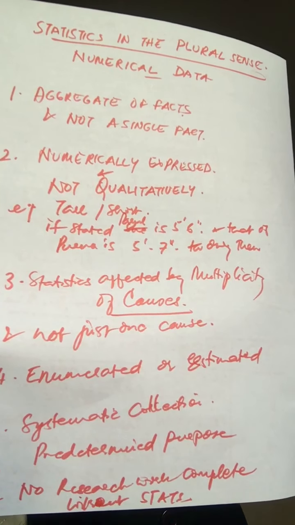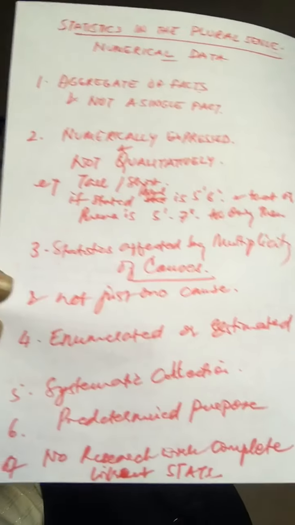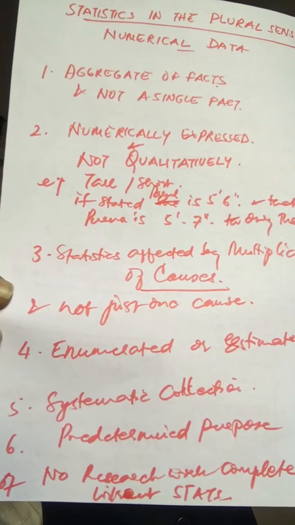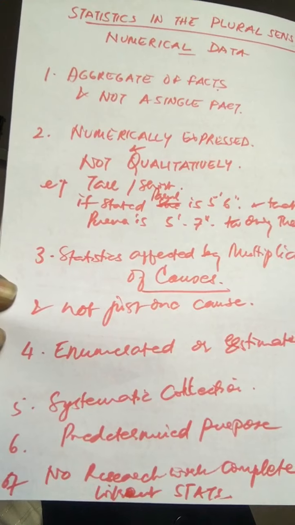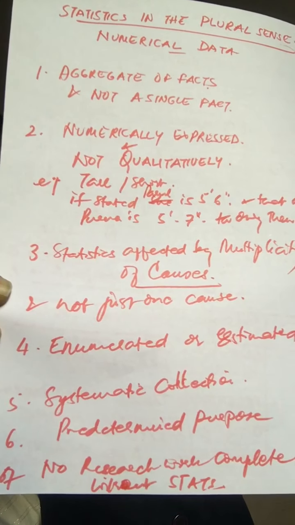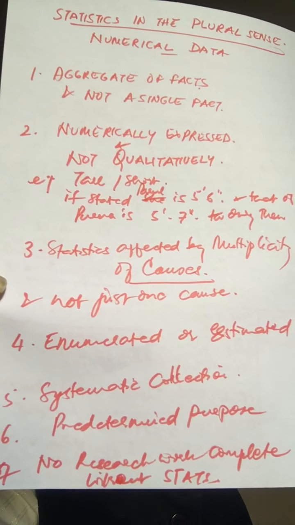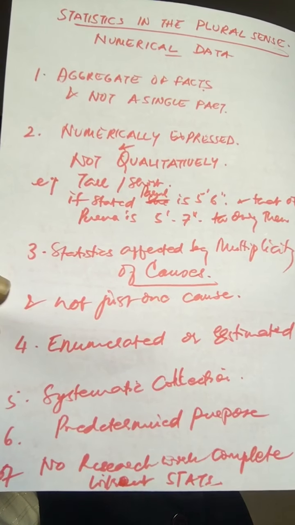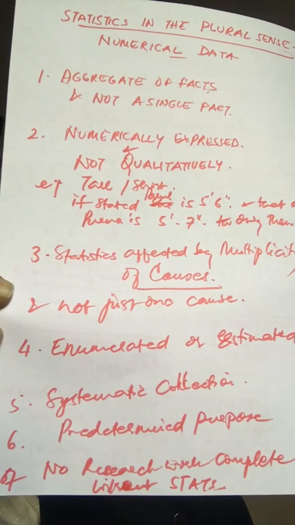And then statistics should be placed in relation to each other. So they should be comparable. You should be able to compare. Sometimes it's period wise, sometimes it's region wise, or sometimes it's internationally compared.